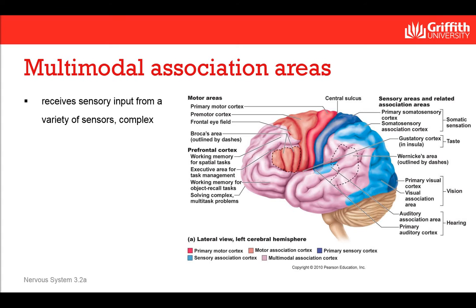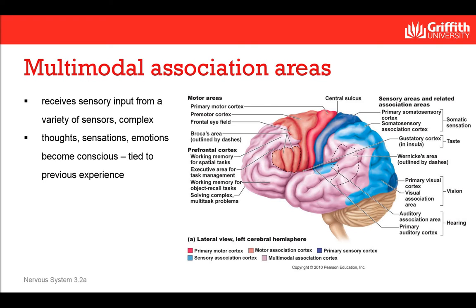These regions receive input from multiple sensors and send outputs to multiple areas, so generally information flows from the sensory receptors to the primary sensory cortex, to the sensory association cortex, to the multimodal association area. This helps us give meaning to the information that we receive, store it in memory, and decide what action to take.